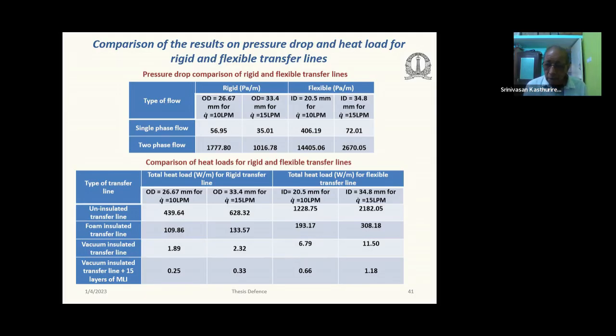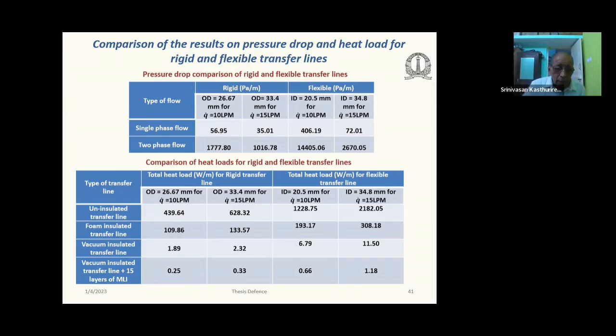The heat transfer part has been done here for the heat load for the rigid transfer line and the heat load for the flexible transfer line for 10 liters and almost 15 liters. We are calculating for an uninsulated line or foam insulated line, vacuum insulated line, and finally the vacuum insulated line along with some 15 layers of multi-layer insulation.